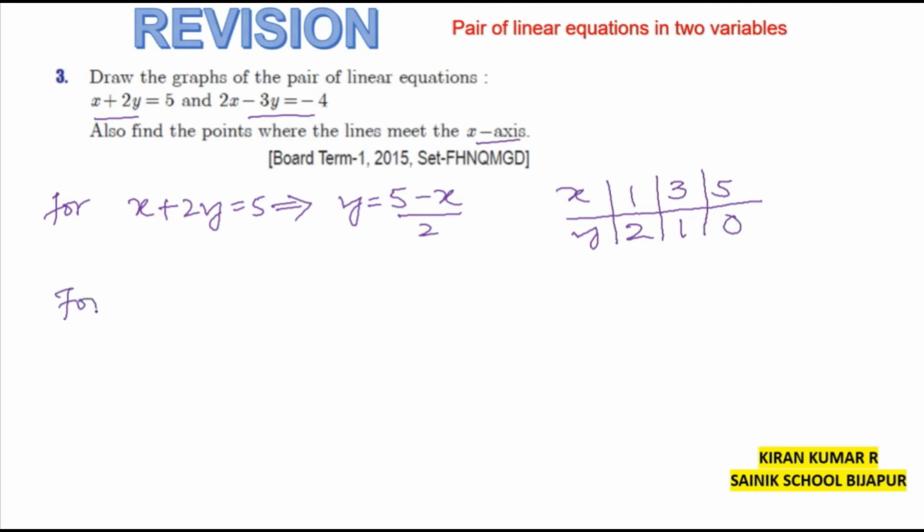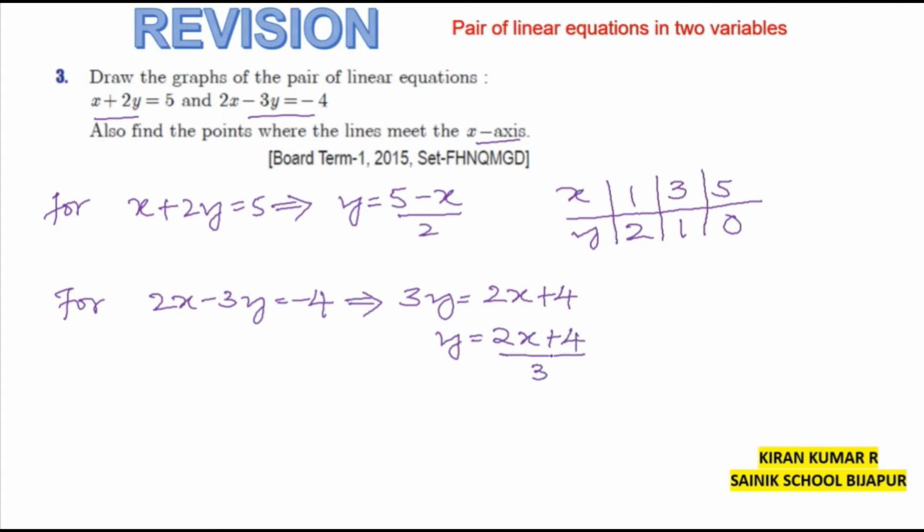For the second equation, 2x minus 3y equal to -4, 3y becomes equal to 2x plus 4. Therefore, y will be (2x plus 4) divided by 3.